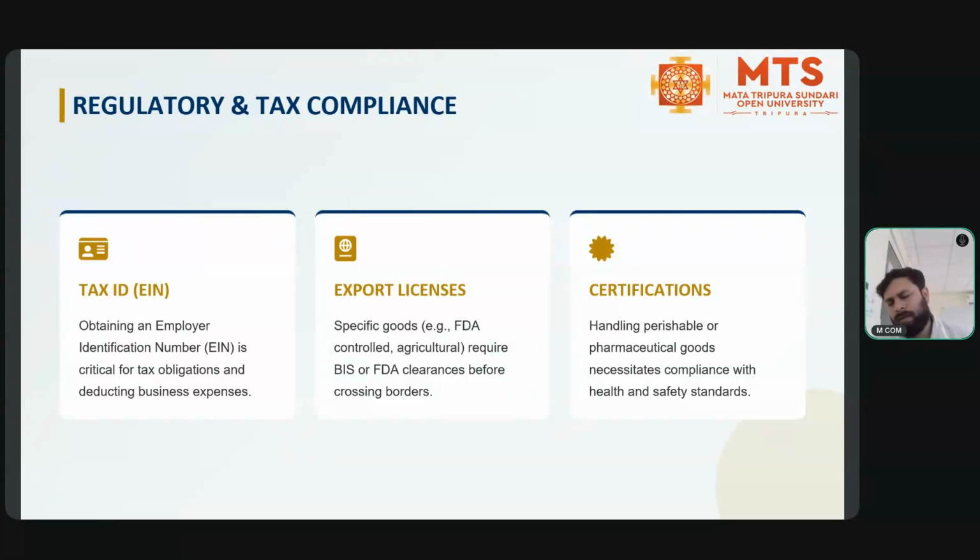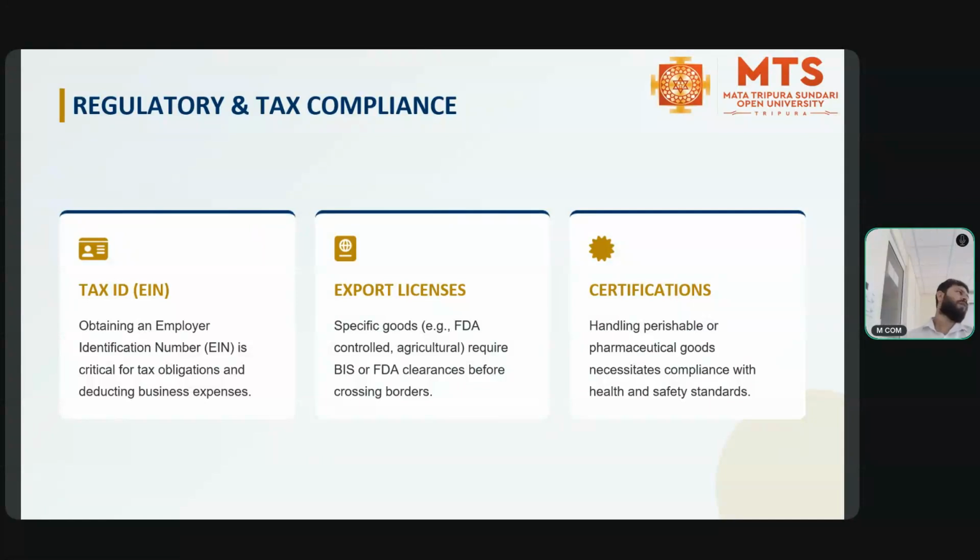Export license: currently we have seen that export registration is required. Specific goods, like controlled goods, should not be given the export license, and which category of goods is restricted is specified under different borders.